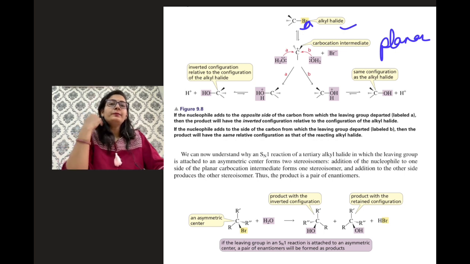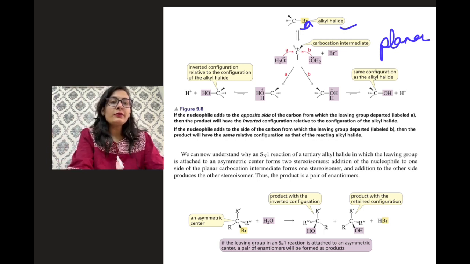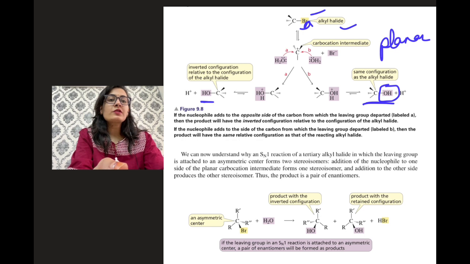That is how, in one of the products, the OH minus has added on the same side as where there was Br minus, right? And the other product has OH minus on the exact opposite side of the carbon from the Br. So this is the inversion product, and this is the retention product, you can say. So what is happening is one retention, one inversion product. Since the carbocation has exactly the same steric distribution on both the planes, that is why you are going to get 50-50% of both the products.